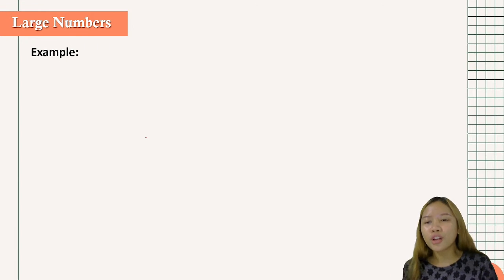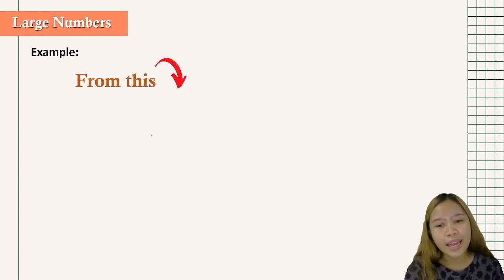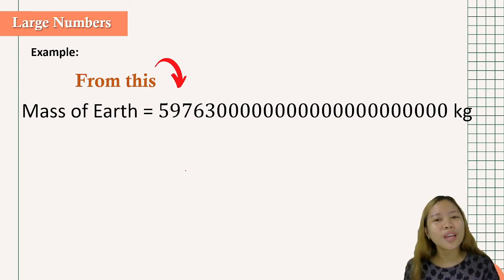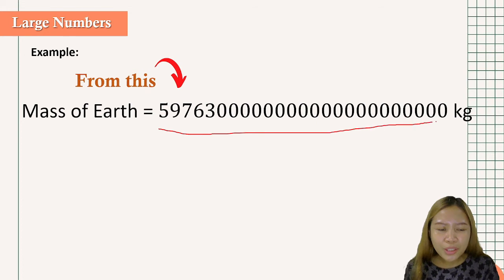So to have the large numbers, let us use the mass of the Earth as our example. So we have here our mass of the Earth. So damo kita dira zeros, right? Okay. So how are we going to convert this into scientific notation?